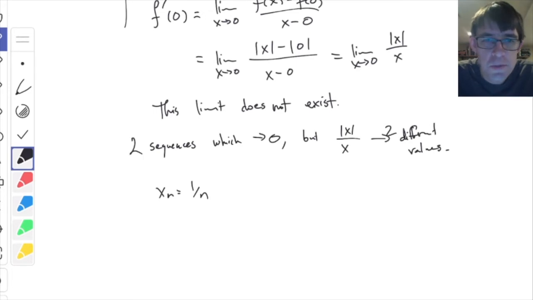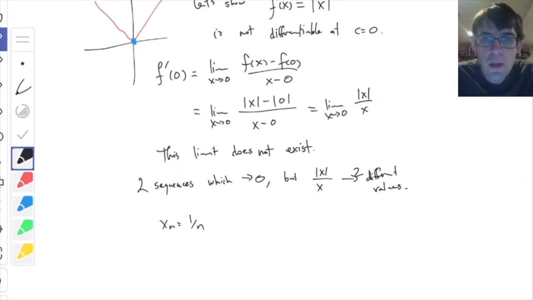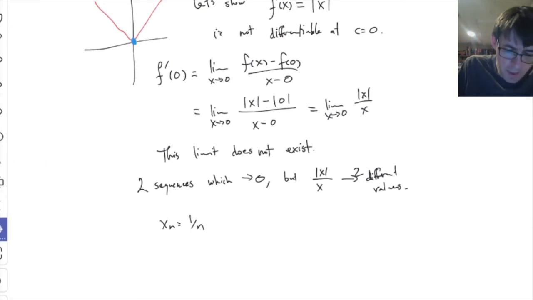That's my favorite sequence that approaches 0. Anybody got an idea for a different one? Minus 1 over n? Yeah, how about negative 1 over n? Because on the picture, if I approach from the right side, the slopes will always be plus 1, but if I approach from the left side, the slopes will always be negative 1. So that's the idea here.